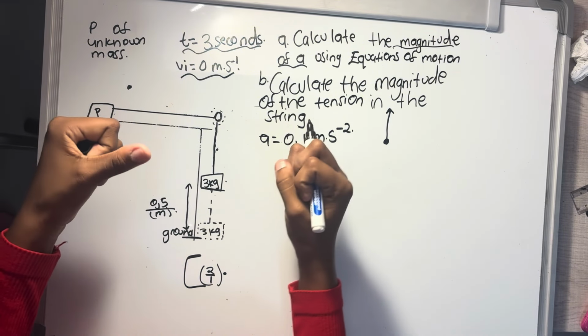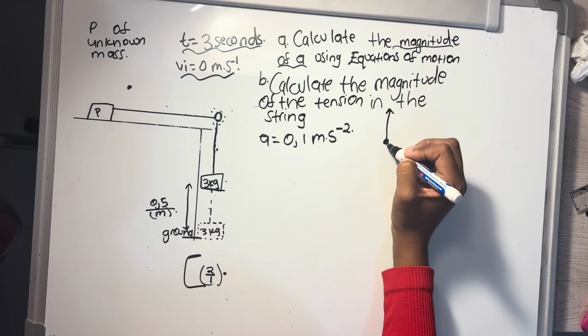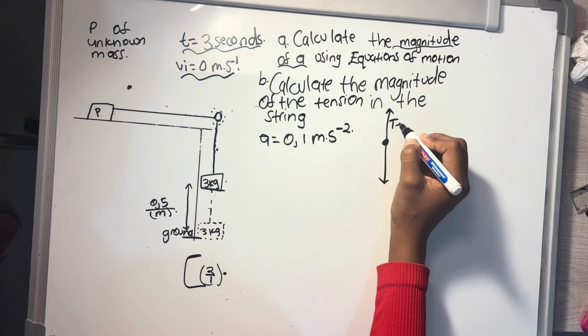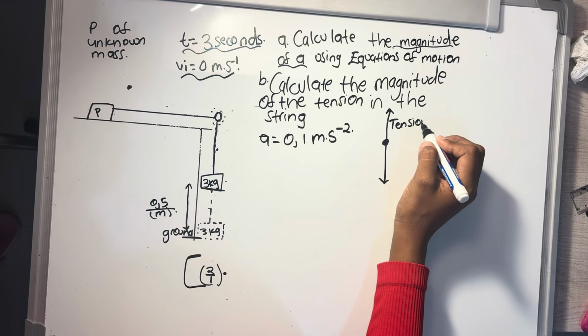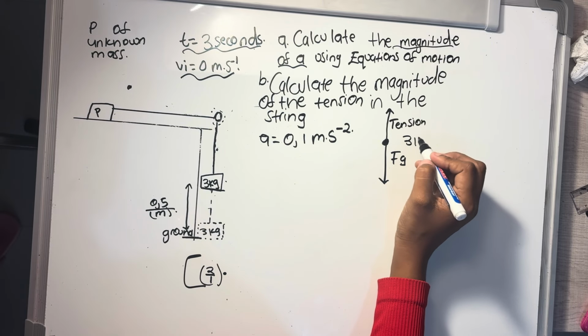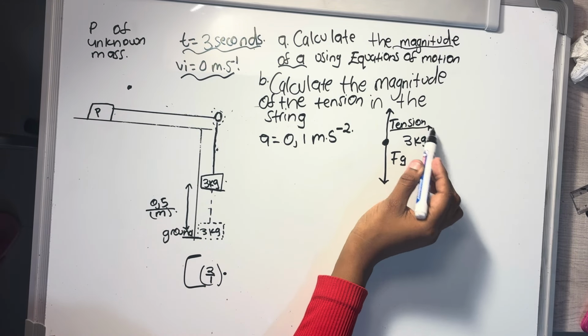So in the middle there's just a whole lot of tension. And then down here we'll have Fg. This is the 3 kilogram block. So we're trying to calculate this tension that we have over here.